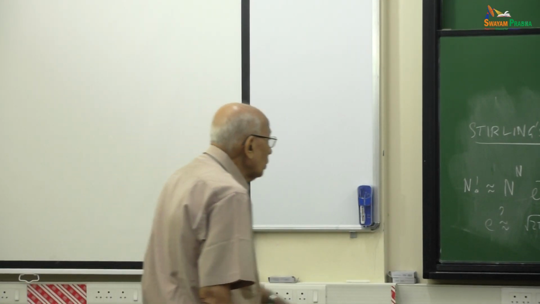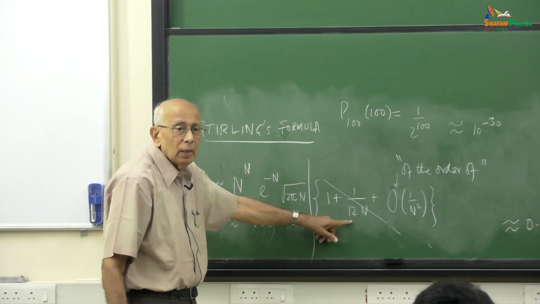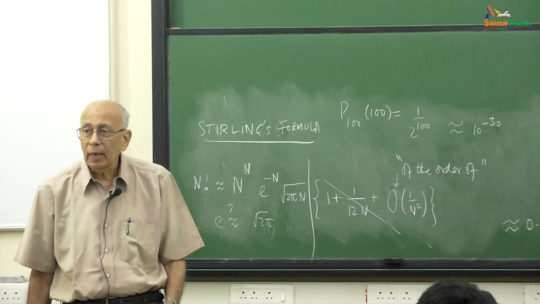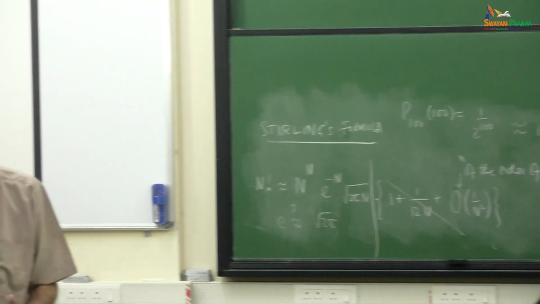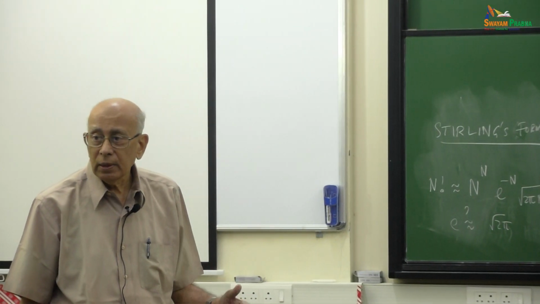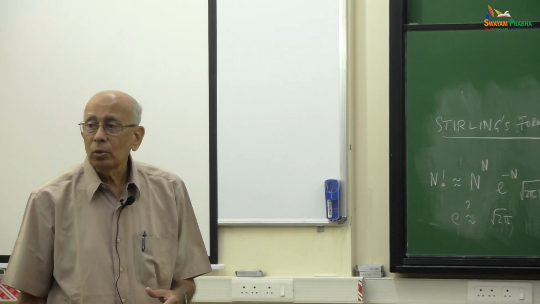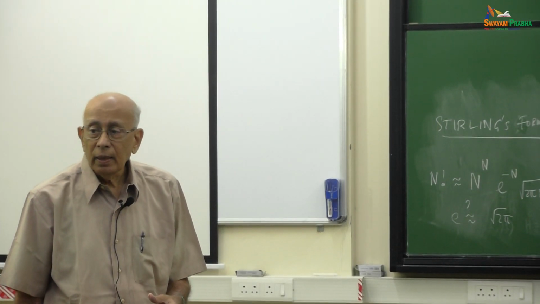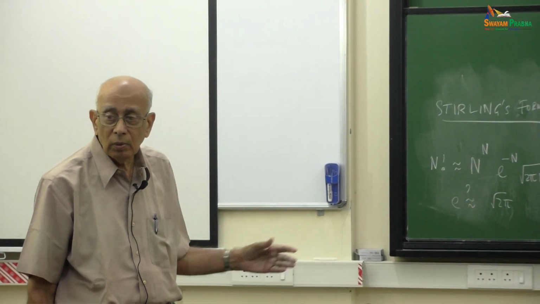It's actually true to this accuracy. It's actually true up to neglecting 1 over 12, which is 92% accuracy. So here's a formula which is supposed to be an approximation. At n equal to 1, it's already giving you an answer which is 92% right. At n equal to 10, it gives you an answer of the order of 1% correct, 1 over 120.